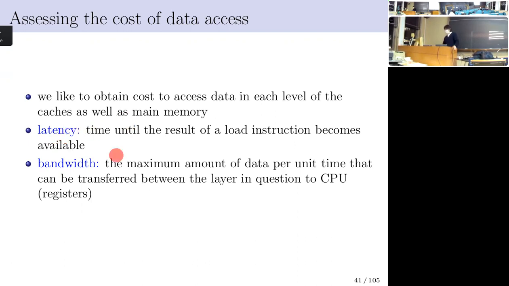In the case of memory access, the latency is the time until the result of a load instruction becomes available from the point that the load instruction started execution. The bandwidth is the maximum amount of data per unit time, for example per cycle or second, that can be transferred between the layer in question and the CPU: from L1 to the CPU, from L2 to the CPU, or from the main memory all the way to the CPU. So this is the bandwidth.